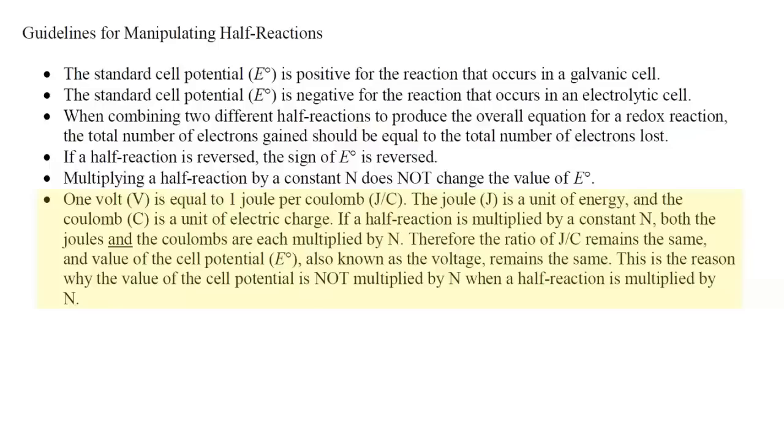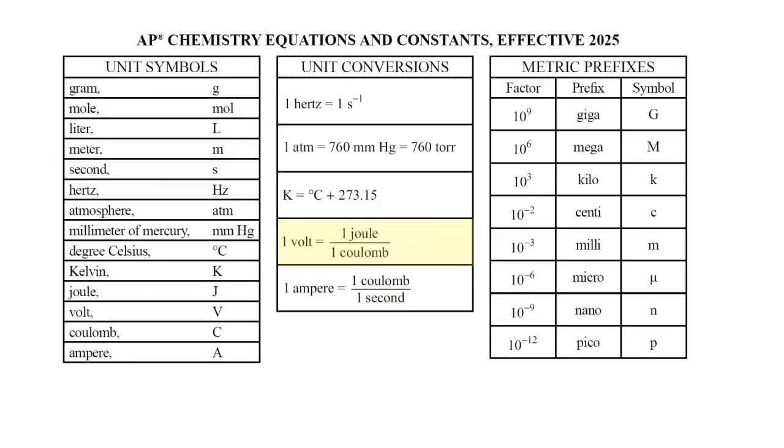And so the value of the cell potential, also known as the voltage, remains the same. This is the reason why the value of the cell potential is not multiplied by n when a half reaction is multiplied by n. And here you can see the equation that says 1 volt is equal to 1 joule per 1 coulomb. That equation is listed in the unit conversions section of the AP Chemistry equations and constant sheet.